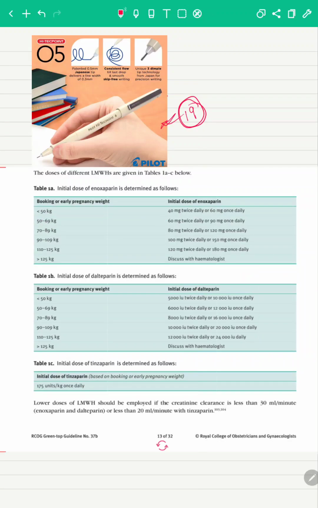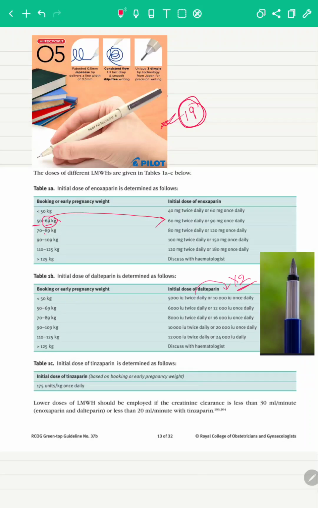If you take the first digit of the upper range and you add 0 to it, you get the dose. See? Then remove 9, take 10, you add 0, again 125, so you take 12, you add 0, you get the BD dose. Okay, and here though you have the hematologist.